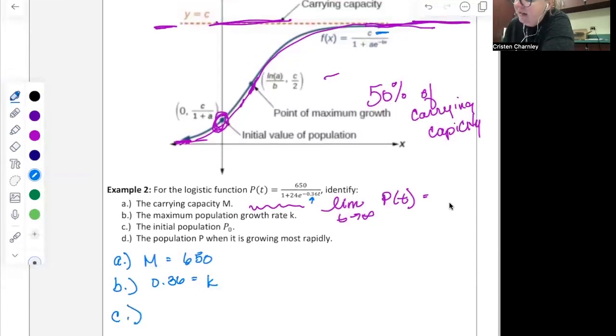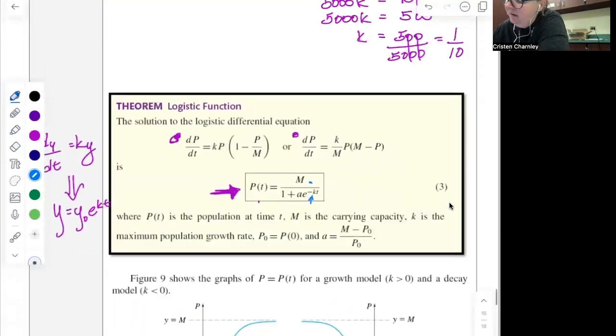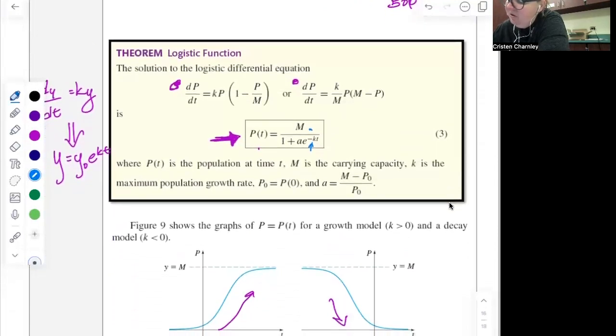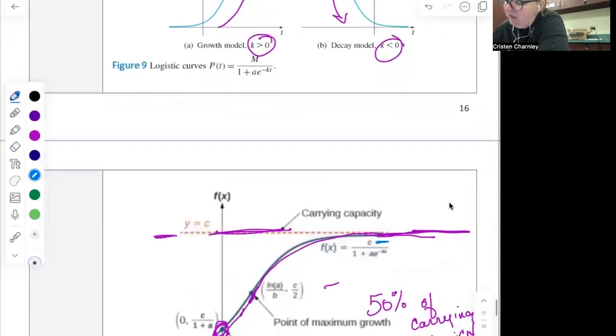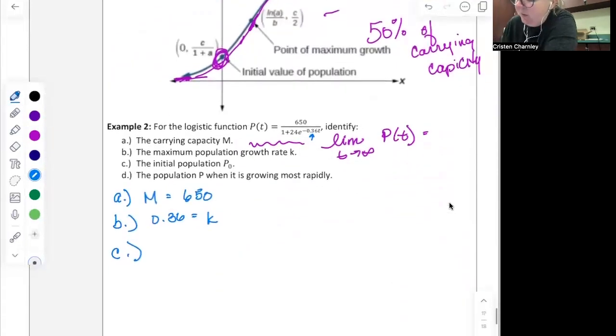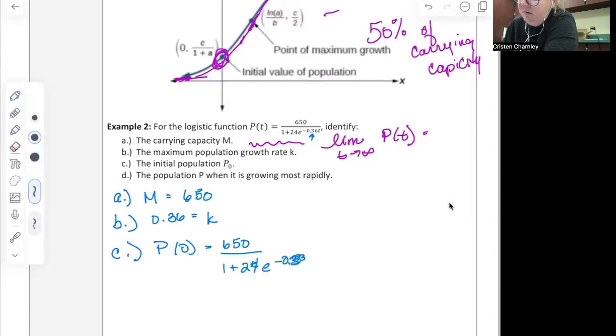For letter C, your initial population. My initial population is at the beginning. I thought we could just tell right away, but we can't. So P of 0, or P sub 0, would be 650 over 1 plus 24 e to the negative 0.36 times 0.